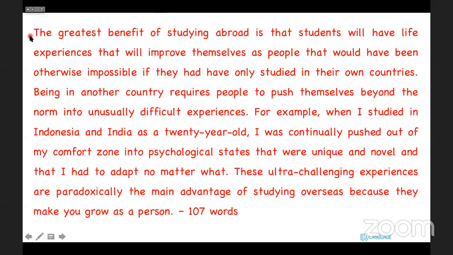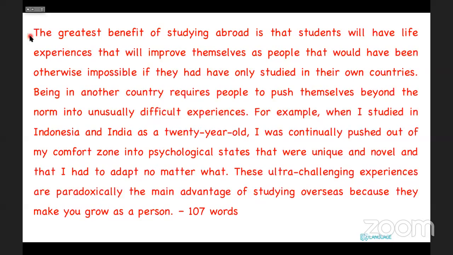I'm talking about the main advantage, remember. It's a 4-sentence paragraph. The greatest benefit of studying abroad is that students will have life experiences that will improve themselves as people that would have been otherwise impossible if they had only studied in their own countries. Being in another country requires people to push themselves beyond the norm into unusually difficult experiences.